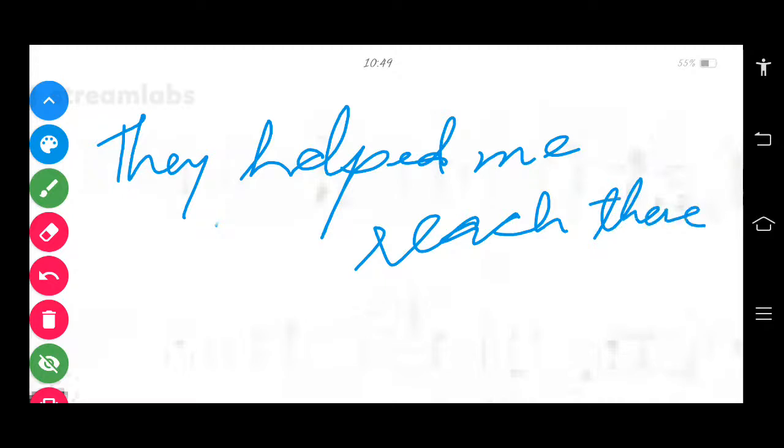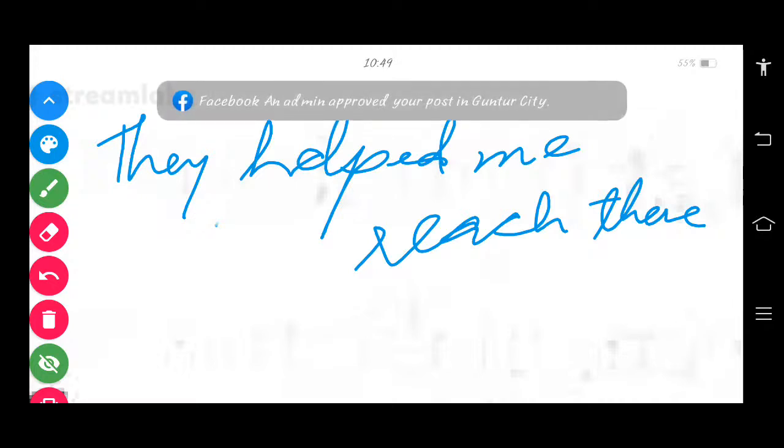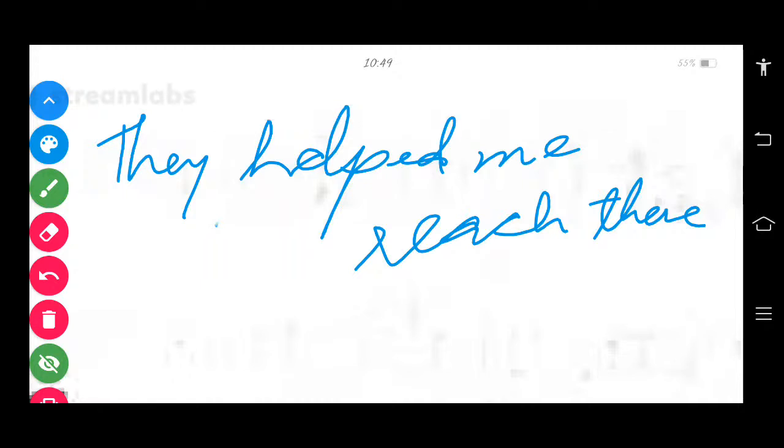Okay, this is the example: they helped me reach there. Now tell me, what is the passive sentence of this?